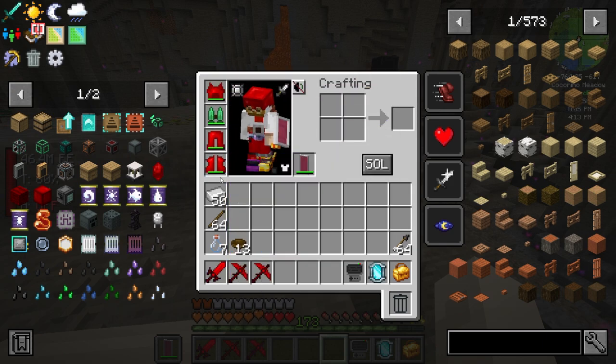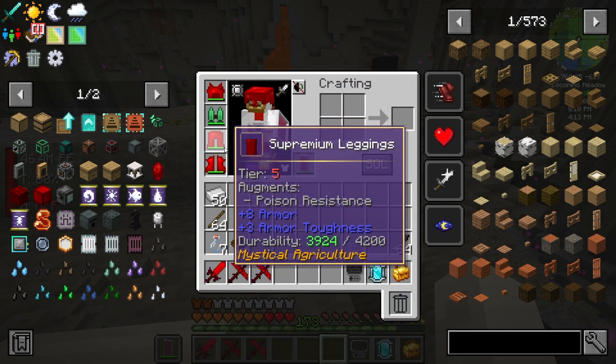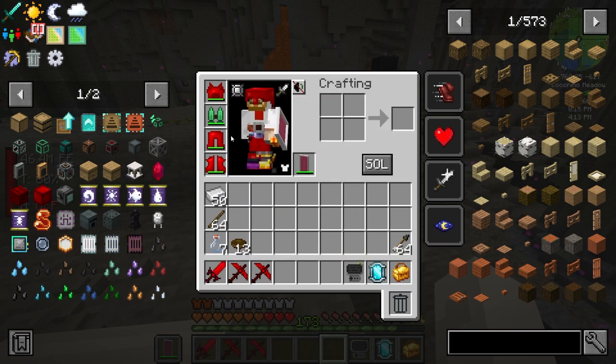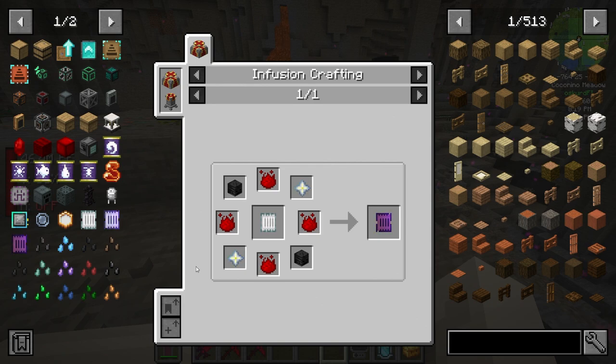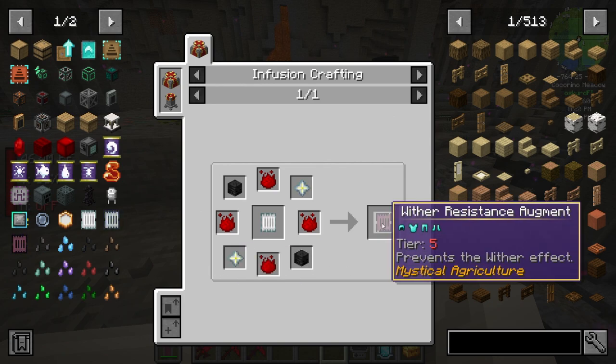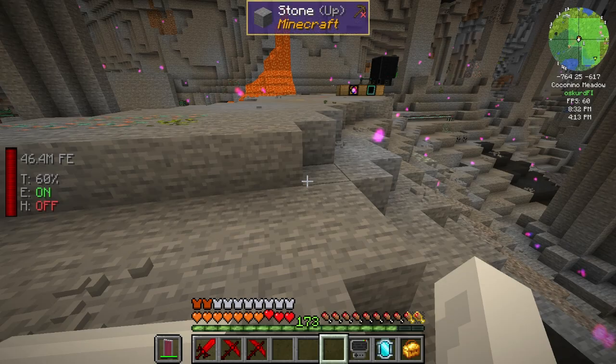I can make fully upgraded top tier gear and have steel flight. So that's very nice. Also, I can make this one with resistance so I don't take too much damage. I have wither resistance or not, but I might do it at some point.